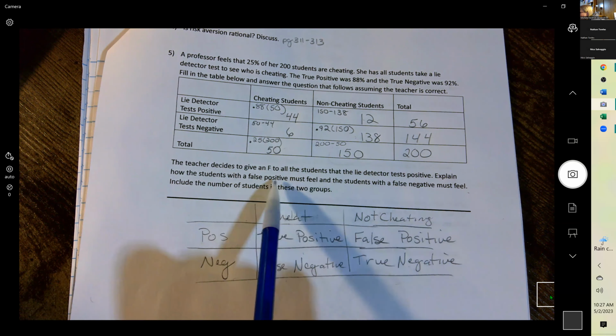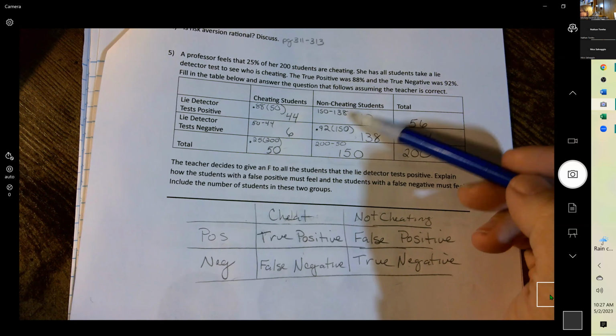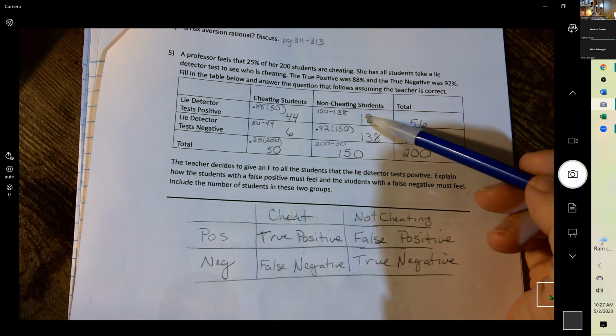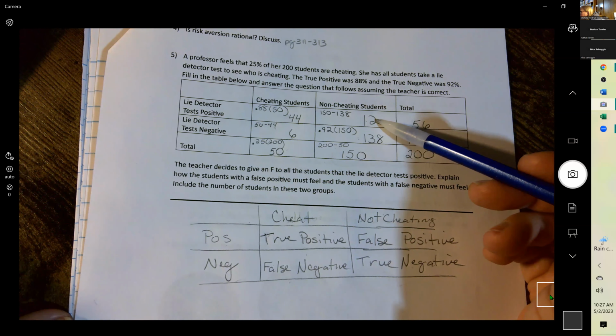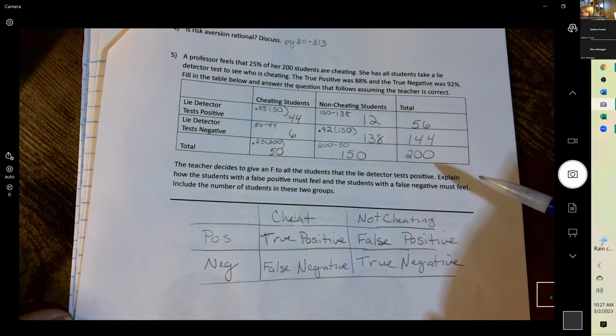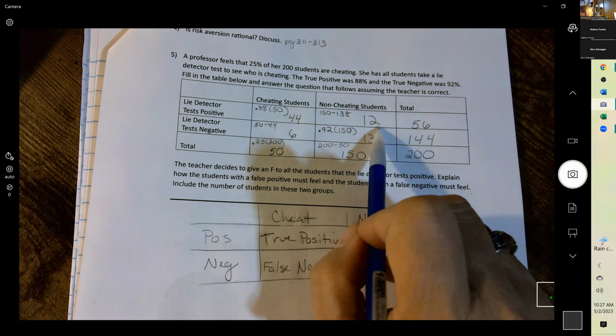So a false positive is right here. They don't cheat, but tested positive. Include the number of students. So the false positive is 12 students.